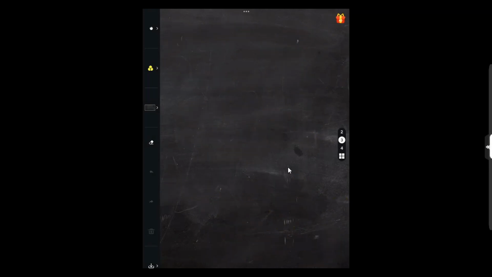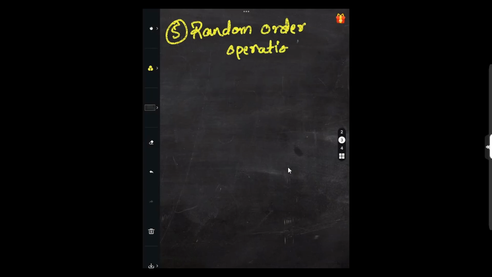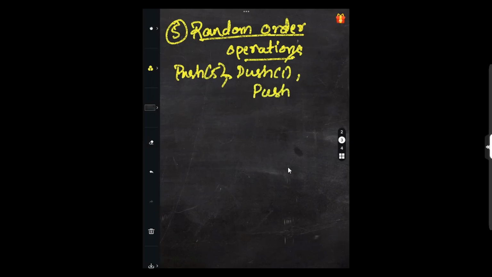And finally, let's move on with the last edge case, nothing but here random order operations. This is fine. So let me consider some random numbers here. Let me consider push of 5, and push of any number, right? 1 I'll consider.